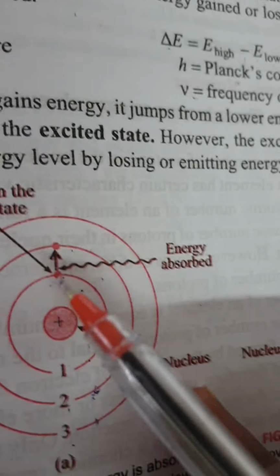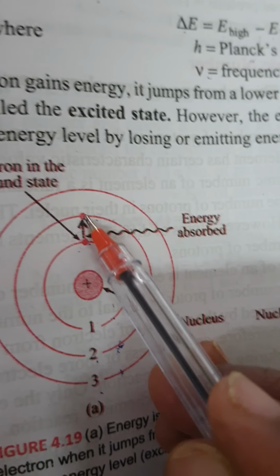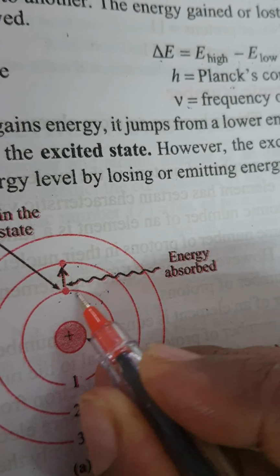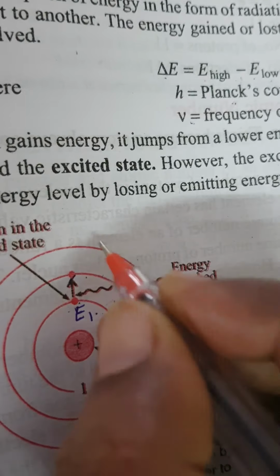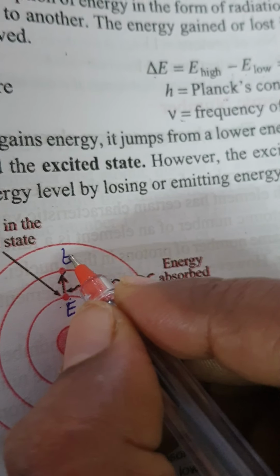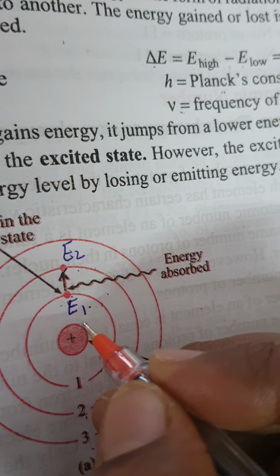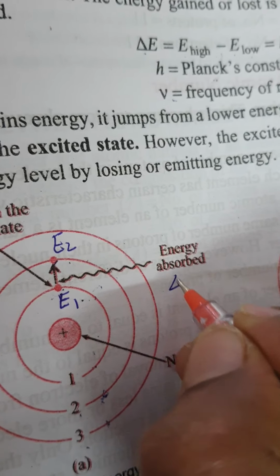So when the electron is jumping from a lower energy state to a higher energy state, the lower energy state here is E1 and the higher energy state is E2. So what is delta E?